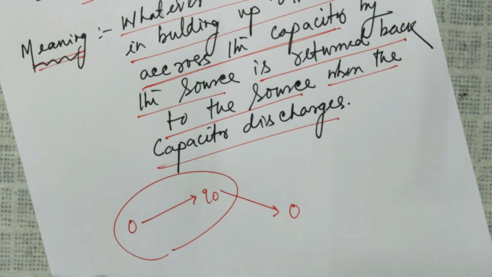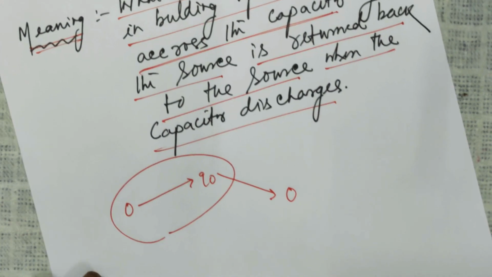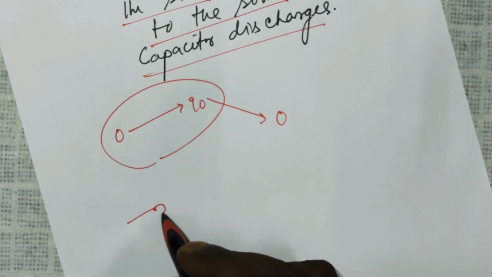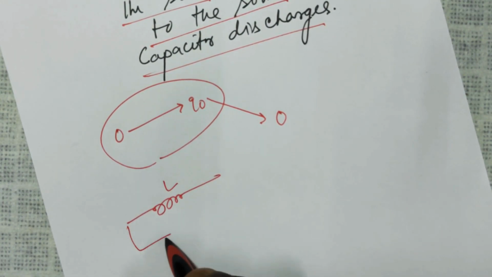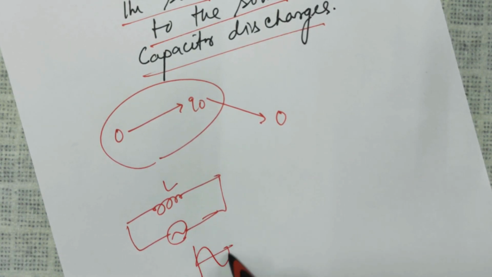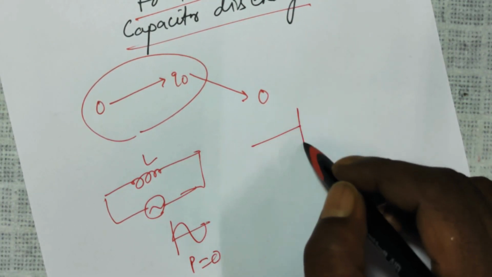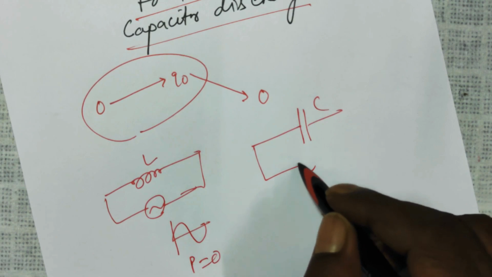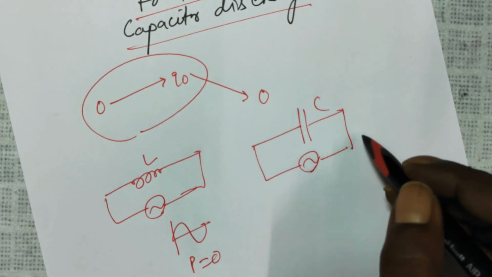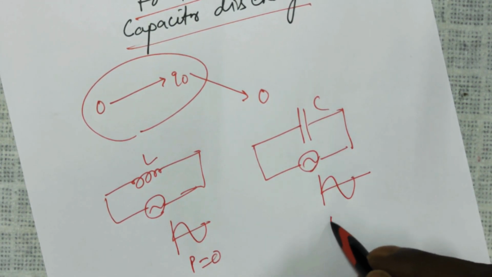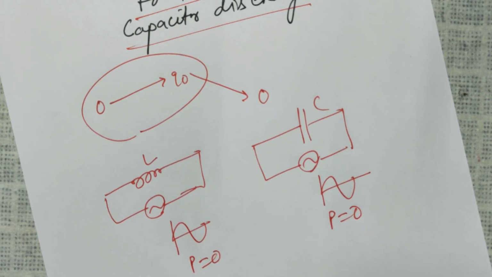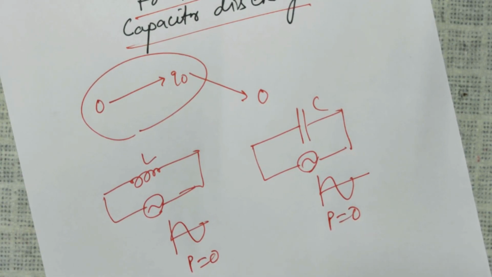So what we learned in the last two lessons: in a complete cycle, the average power associated with an inductor, a coil, is 0. And for a capacitor also, connected to an alternating EMF, over a complete cycle, the power is 0. Then who is consuming power and in what case?